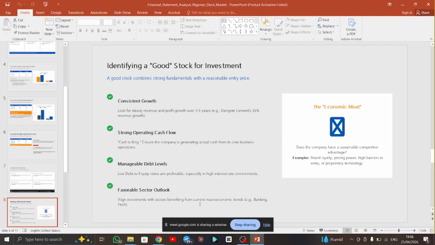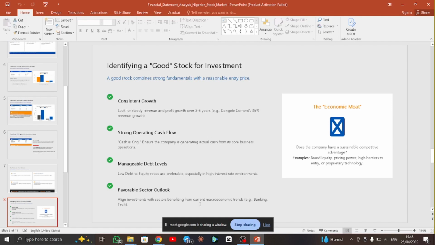So you make sure that there's a consistent growth in the company that you're buying. You're not just looking at the fundamentals, the income statement, for just one or two years. You're looking at, let's say, the past five years, how has this company been performing in the market, right? You look at what they are using this money for.